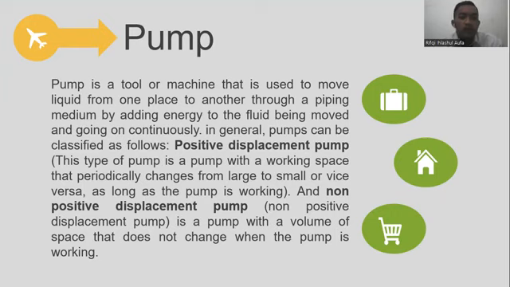This type of pump is a pump with a working space that periodically changes from large to small or vice versa, as long as the pump is working. A non-positive displacement pump is a pump with a volume of space that does not change when the pump is working.